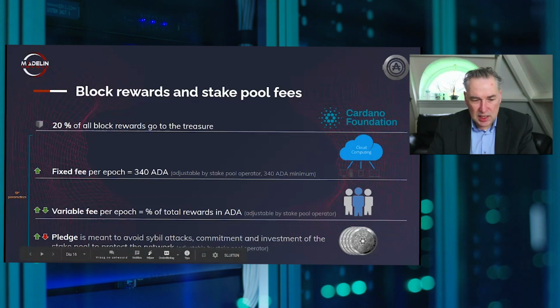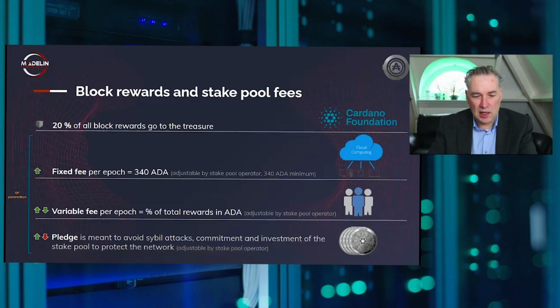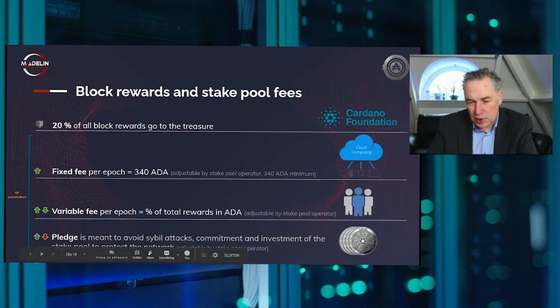But in this case, as you can see by the arrows, the green is you can increase the pledge easily, but if you decrease the pledge, you will get a penalty. Because basically you are saying, I'm reducing the amount of ADA to protect the network. Or you're reducing, as a stake pool operator, the skin in the game.